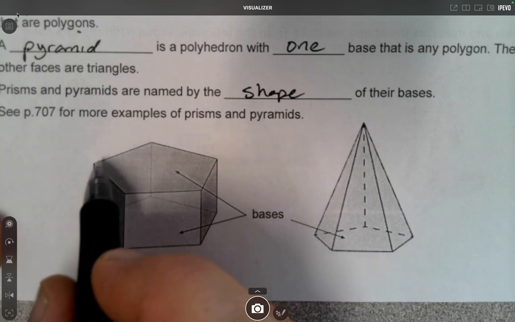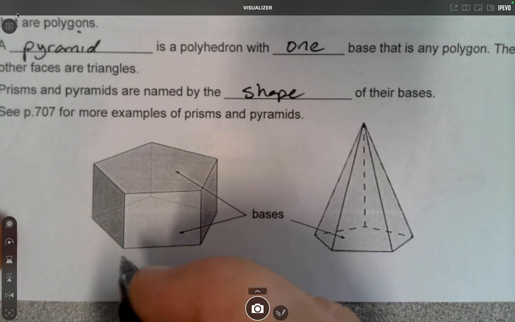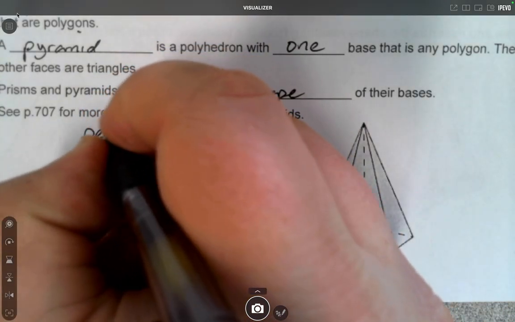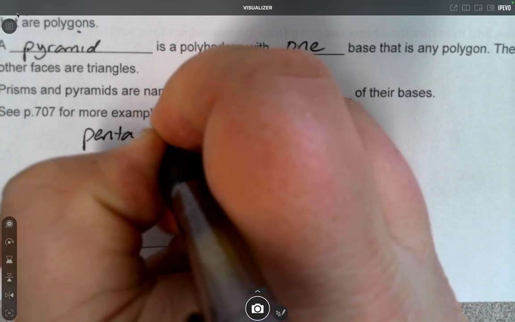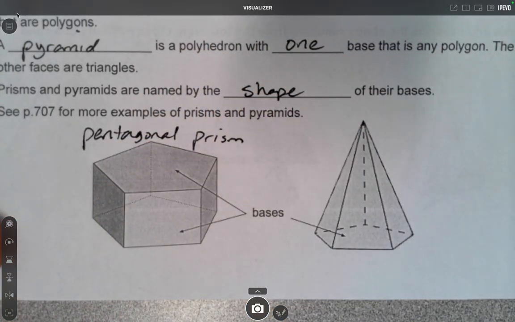And if you look, the shape has 5 sides. So it would be a pentagonal prism. If you just write pentagon prism, we're in pre-algebra, I'll accept that. Just show me you know the shape, that's the base, and show me that you know it's a prism.